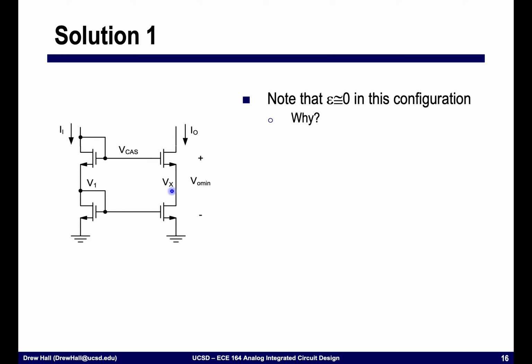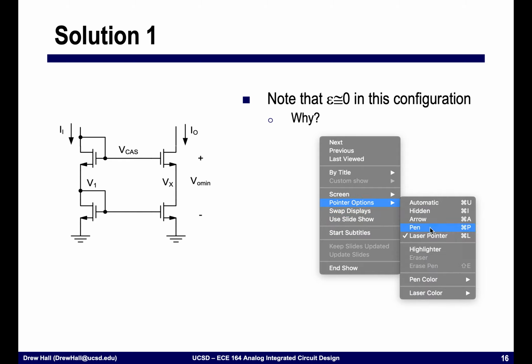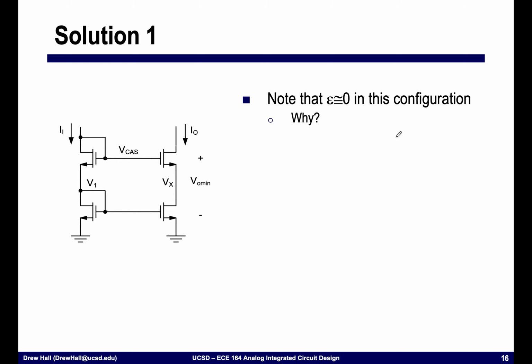In this particular case, what you will see is that if I was to write out the voltages, V1 is equal to VOV plus VT, and Vcas is equal to V1 plus VOV plus VT.